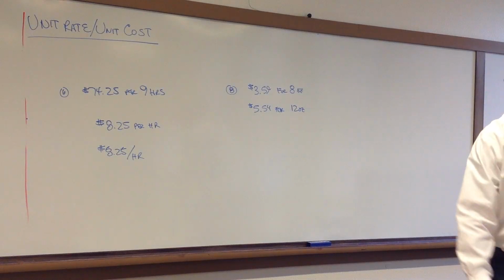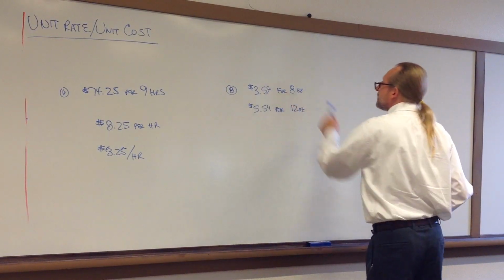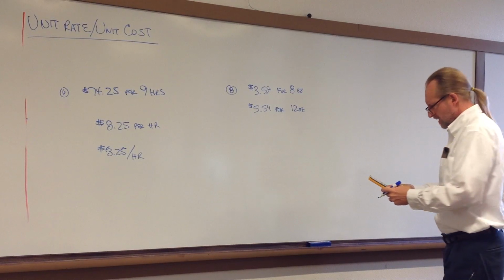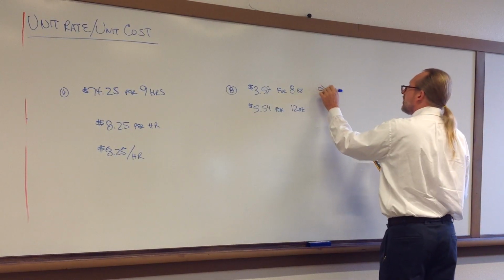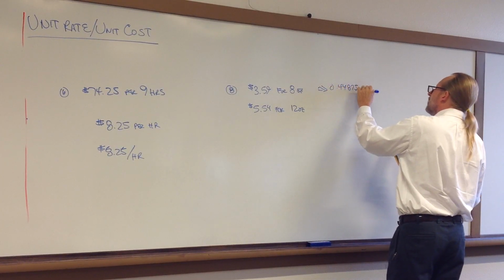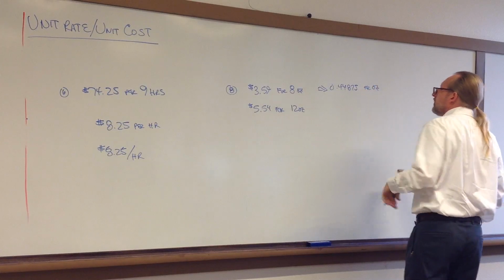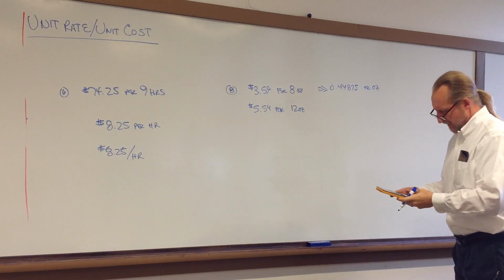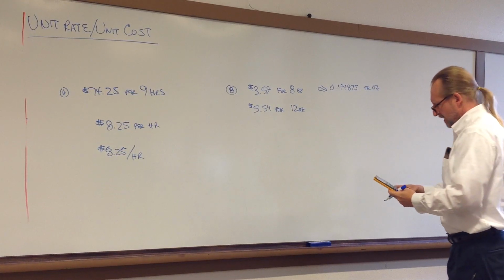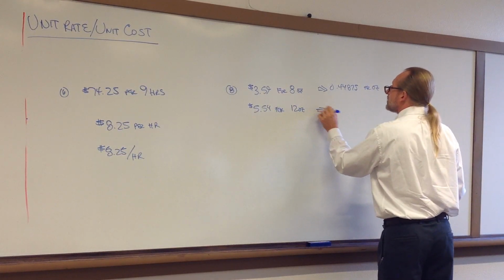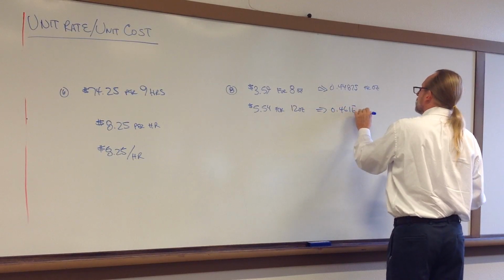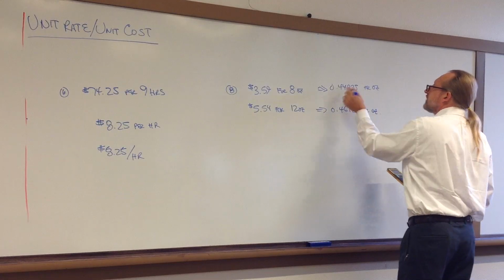All right, so we need to divide $3.59 divided by 8, and that'll give us about 45 cents an ounce. And then $5.54 divided by 12, this is about 46 cents per ounce. And so this is the cheaper one.